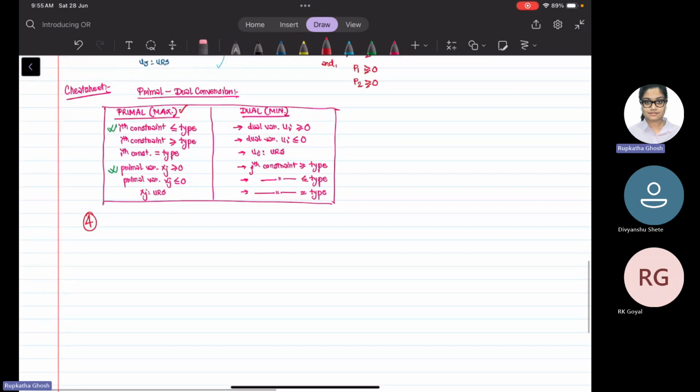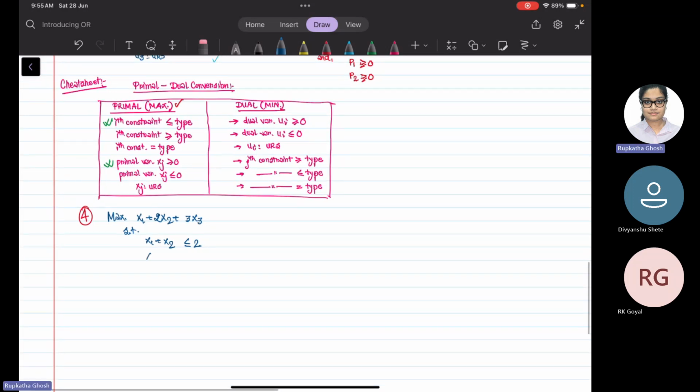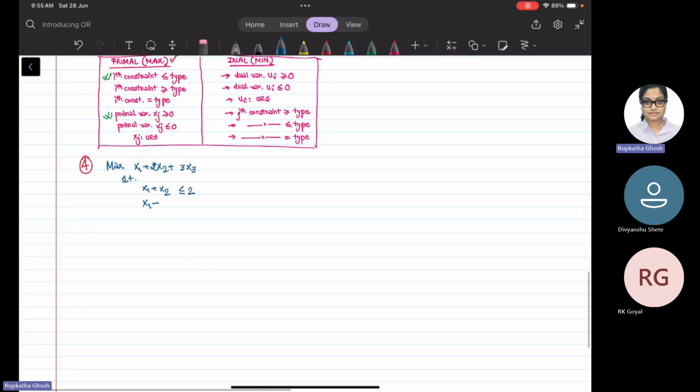So my fourth problem is, let's say: maximize x1 plus 2x2 plus 3x3 subject to x1 plus x2 less than equal to 2, x1 minus x2 plus x3 greater than equal to 1, minus x1 plus x2 plus x3 is equal to minus 1.